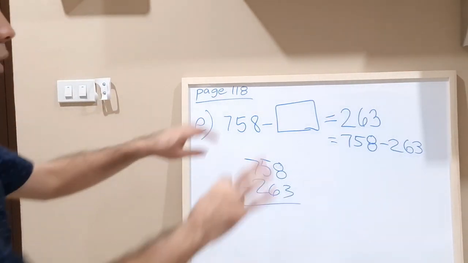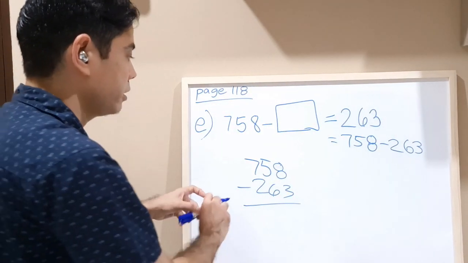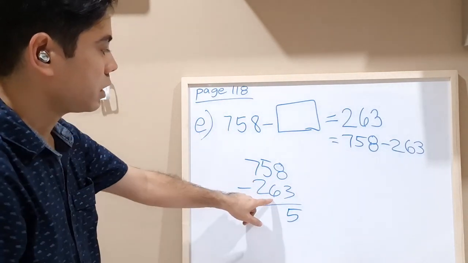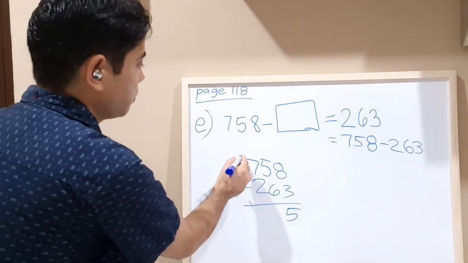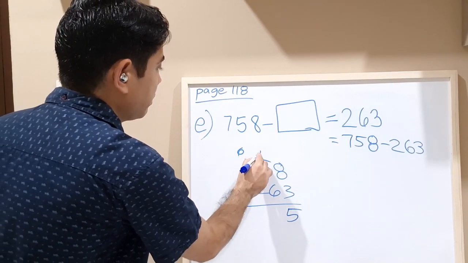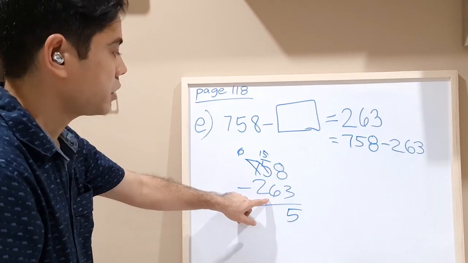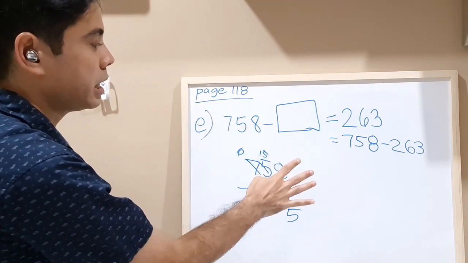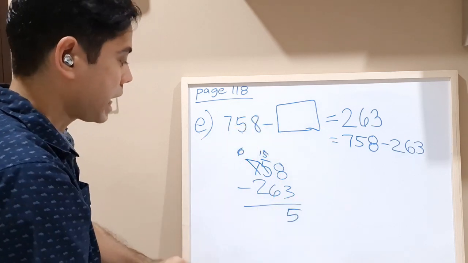Let's solve. 8, take away 3. 5. 5, take away 6, cannot be. So we need to borrow. 7 will become 6. 5 will become 15. 6 in your mind. 6, 7, 8, 9, 10, 11, 12, 13, 14, 15. 9.